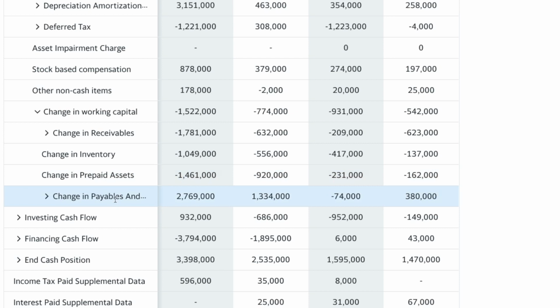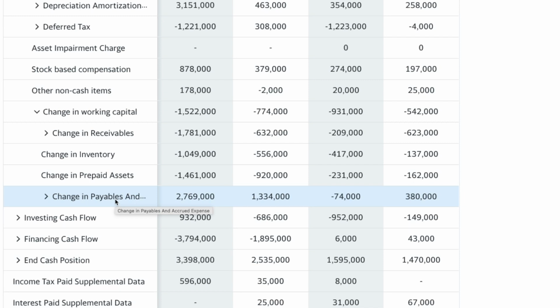The second thing is the change in payables and accrued expenses. If you're more interested, you can go to the balance sheet video, where I have explained this in more detail. This is the amount the company has to pay in the next 12 months, so this number is positive, because the company has not yet paid this cash.